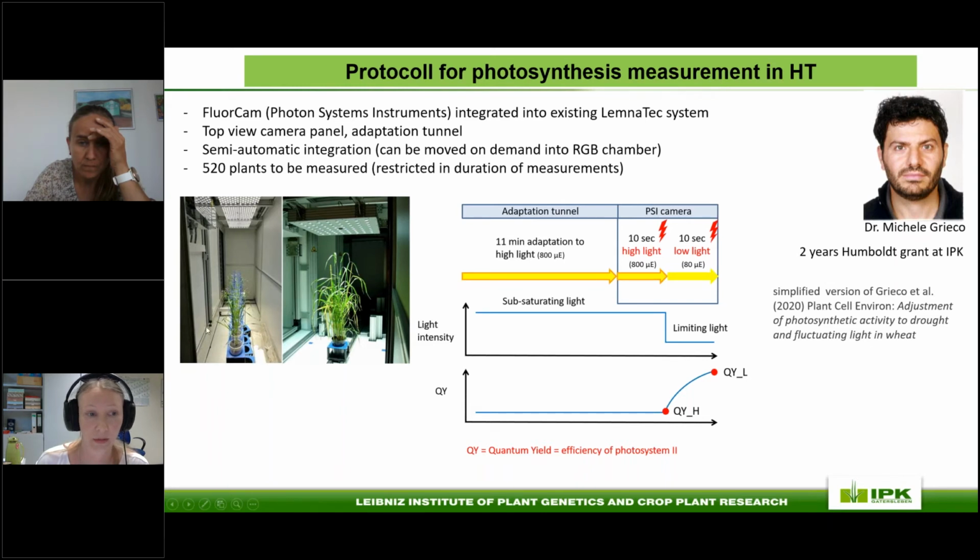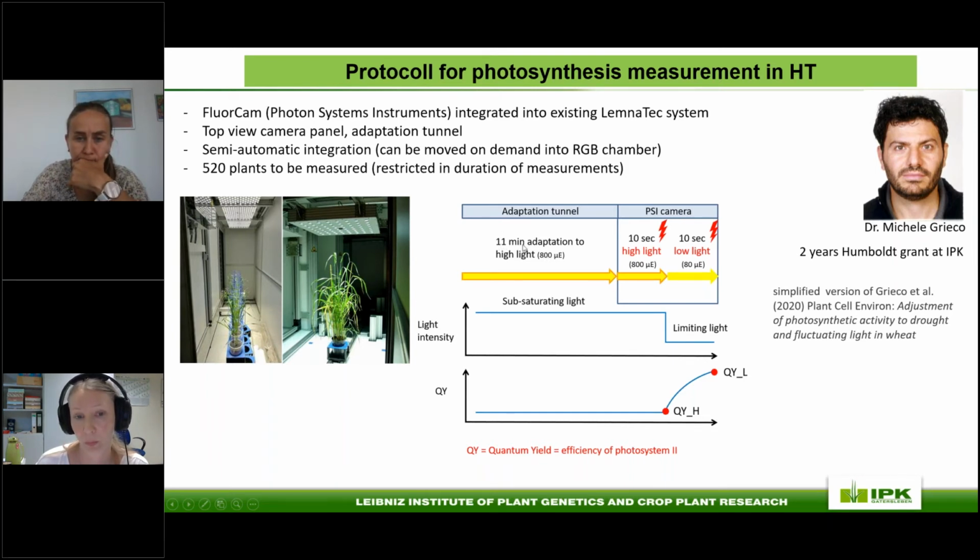And that's as said in the light adapted stage. So the plants are here in the adaptation tunnel, and until they move into the first chamber where the fluorochem is, and before the light protocol is applied by the camera, they stay minimum 11 minutes, I have to say, in the high light, because the plants that come in later stay a bit longer, because you always have to add the time of movement here and of imaging in the chamber.